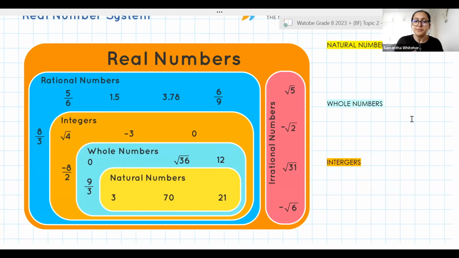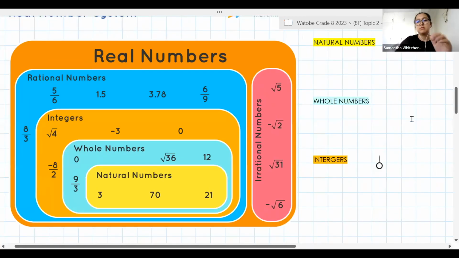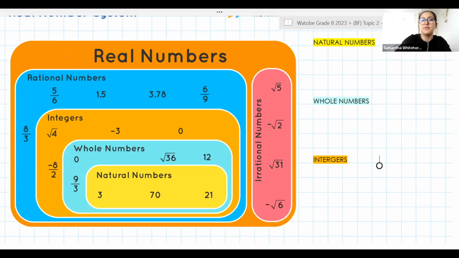Okay, so the first one that we're going to define for ourselves are natural numbers. You'll see on the side here, I've got the headings of each of these. Our first numbers that we want to know what they mean are natural numbers. Natural numbers are basically what we can call our counting numbers.